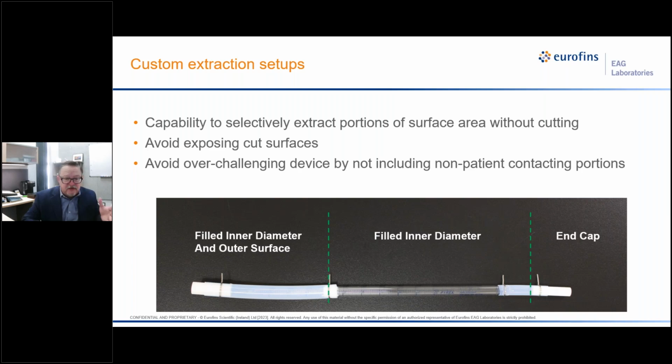Now, in some cases, you can argue, well, the whole device is manufactured under the same conditions. And in those cases, if you can defend this and you can document that your manufacturing process is consistent across the entire device and that the sterilization process is the same, then you can really justify extracting the whole device and treating it as more than one device.